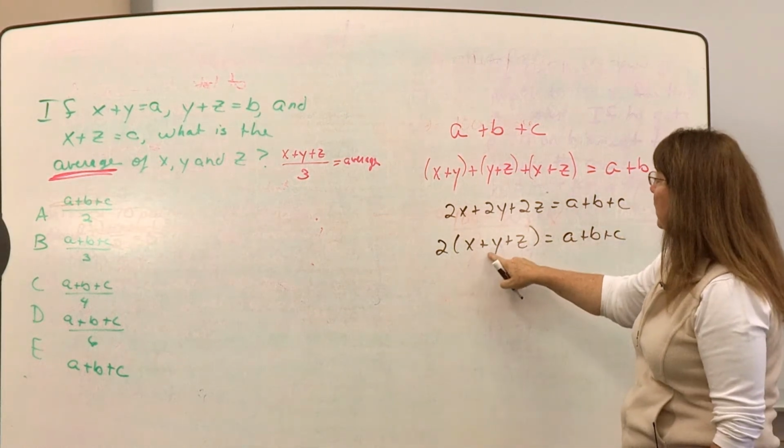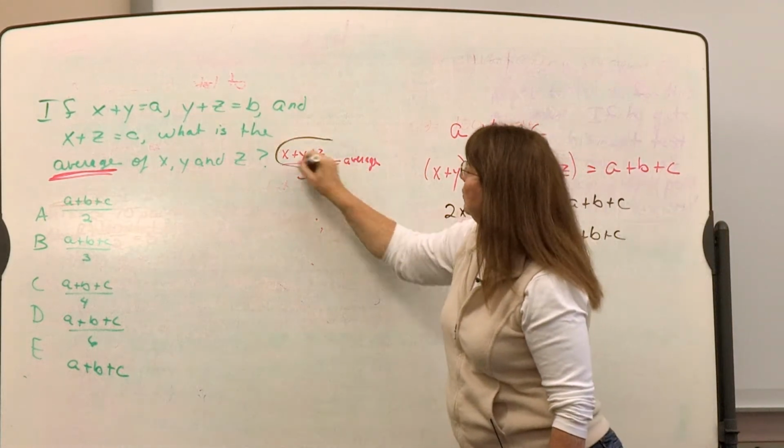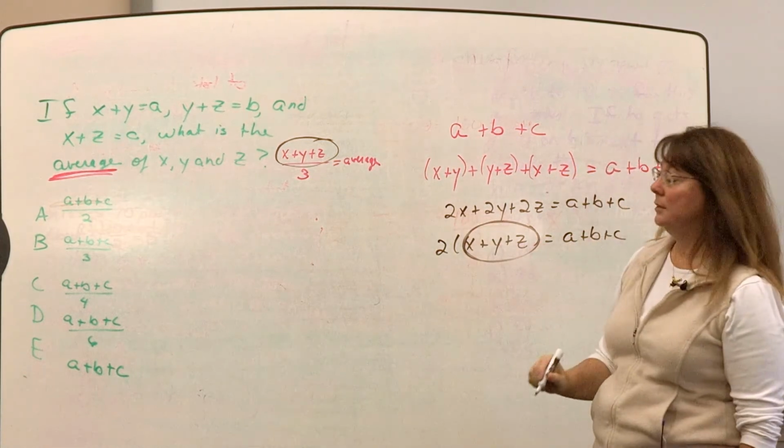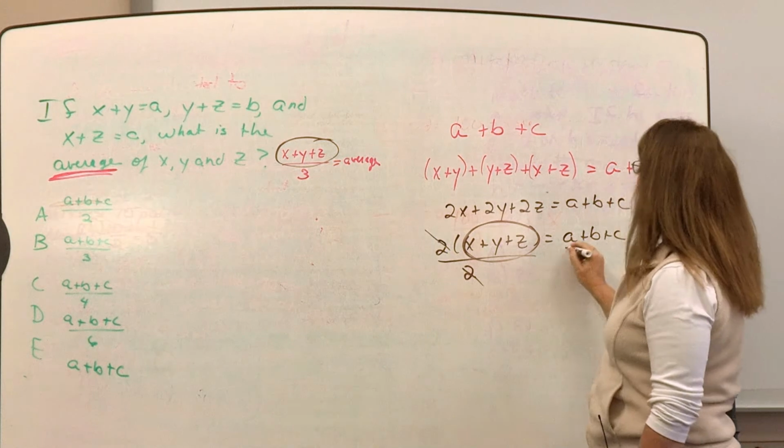And now I've got X plus Y plus Z. That's kind of what I really wanted. I wanted X plus Y plus Z, and here he is. This is good. So far, so good. I'm going to get rid of the 2. I'm going to divide this side by 2 so that they'll cancel. I'll divide this side by 2.